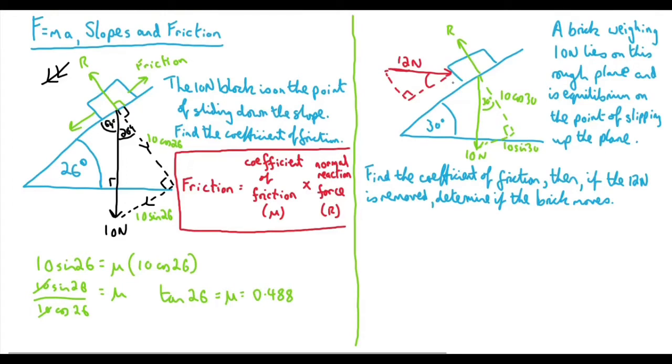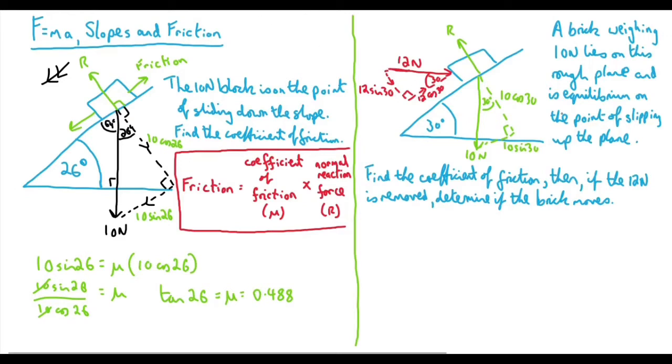The 12 Newton, if it's coming straight to the right, is parallel to the ground, and this line here is meant to be parallel to this line here, so it's the equivalent of a Z angle. Either way, whatever this angle is, this angle will be here too. So we end up with 12 sine 30 and 12 cos 30.